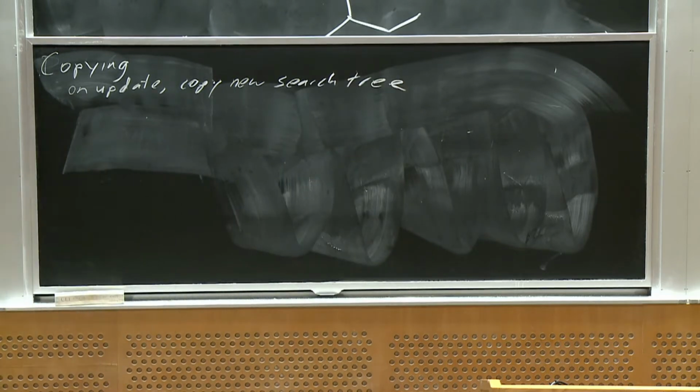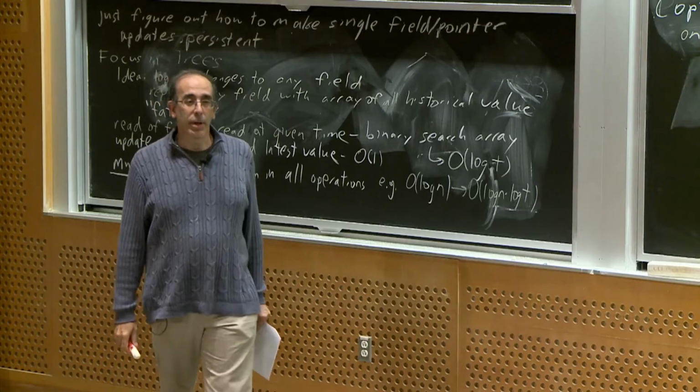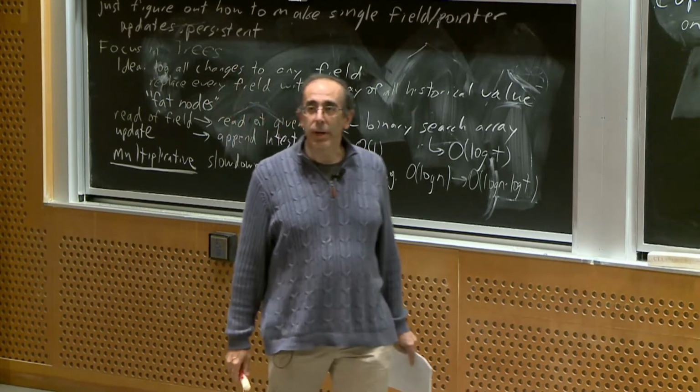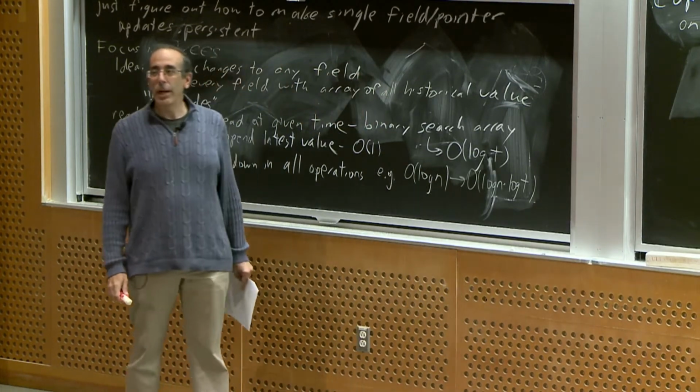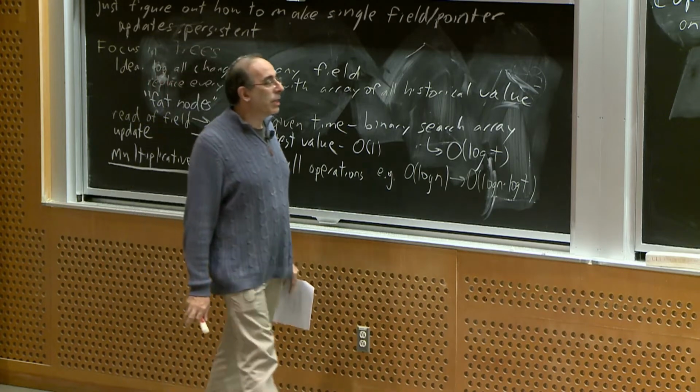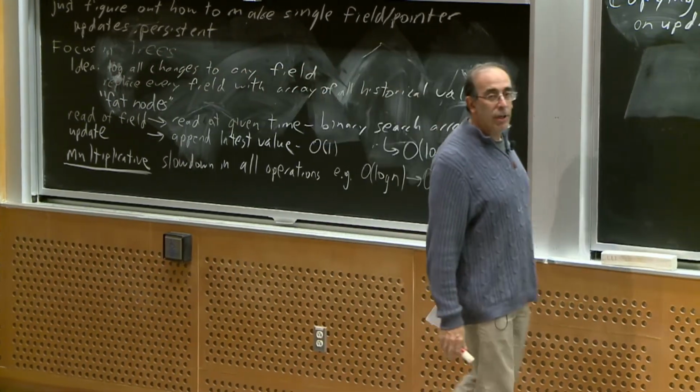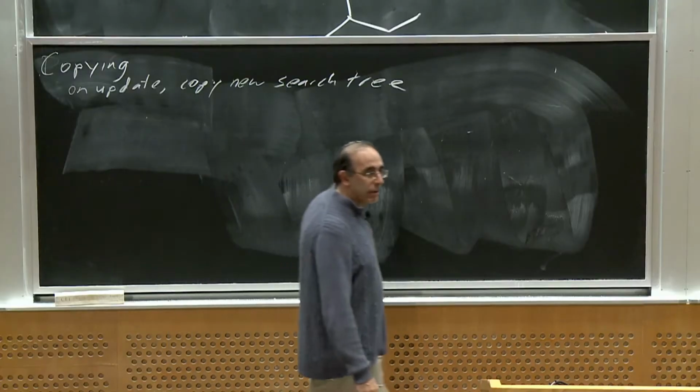Easy to do. What does this do to the runtime of our query operations? How will I implement querying to the past if I have a new search tree for every single time step?